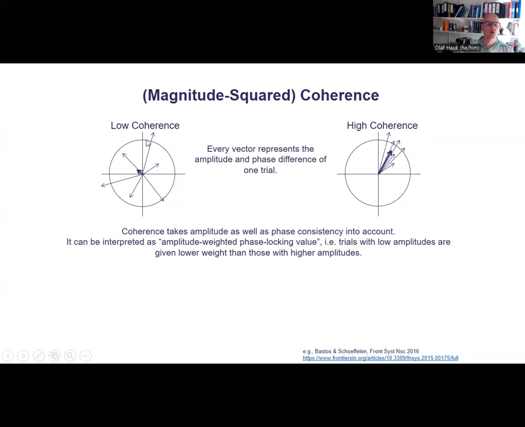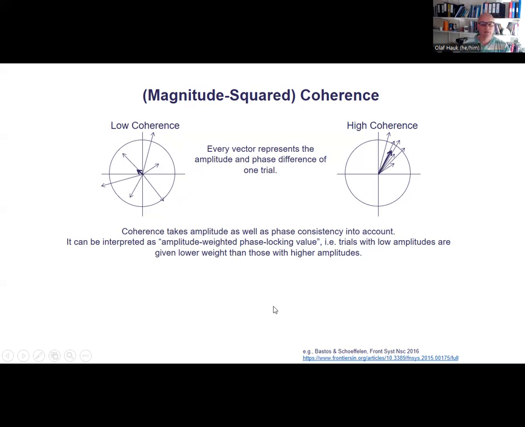For phase locking, you normalize all your signals so that all these vectors lie on a unit circle. So you ignore the amplitude, you're just interested in the phase differences, but coherence takes the amplitude into account, otherwise using very similar logic. If you have these random relationships across trials, you get an almost zero coherence value. If you always have a relatively similar relationship between your signals across trials, you have significant coherence.